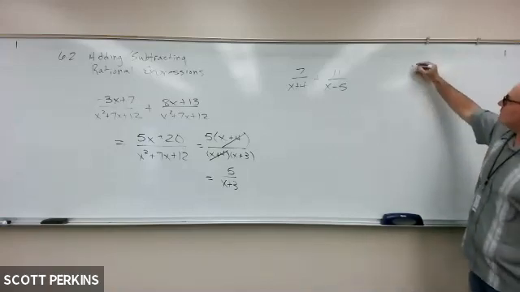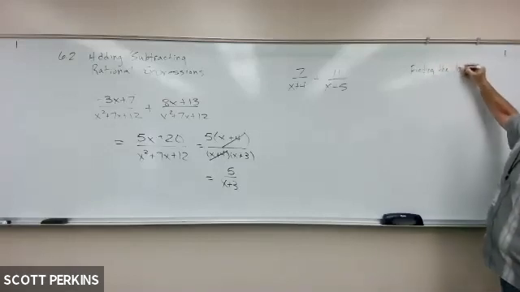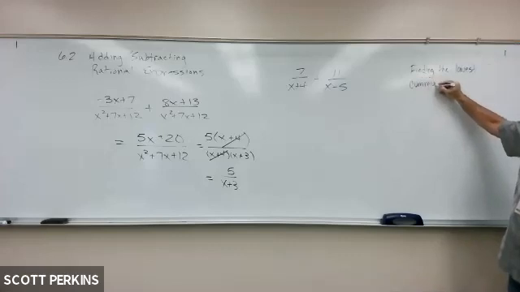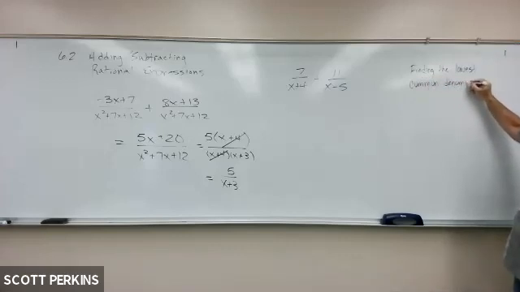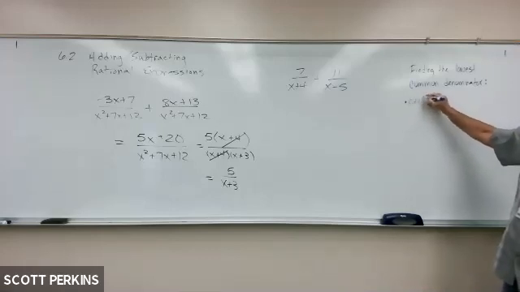So let me just give you, I'm just going to try to make this as simple as possible, to summarize it as cleanly as possible. To find the common denominator, here's what you do. Okay. You need one of every factor you see.